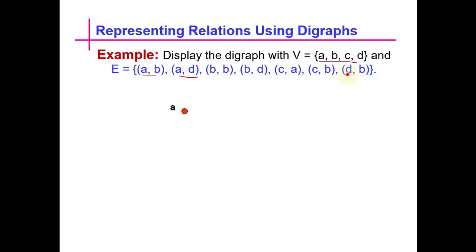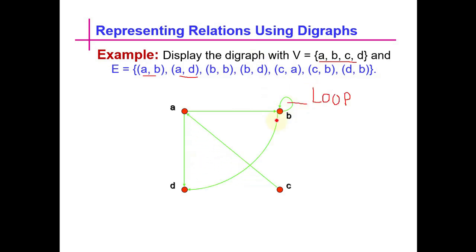We put vertices A, B, C and D, and then we draw an arrow from A to B and then A to D, and just like B is related to itself, so we have drawn a loop starting from B and ending at itself, and that edge is known as a loop. And here is (B, D), and then (C, A), (C, B), and (D, B). So that's how a digraph is shown.